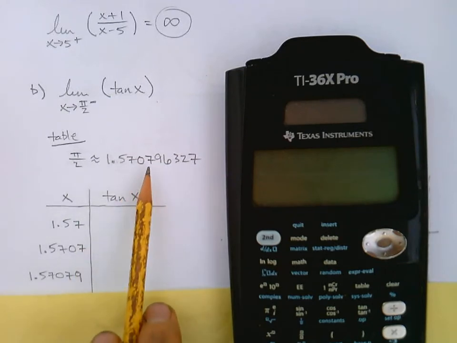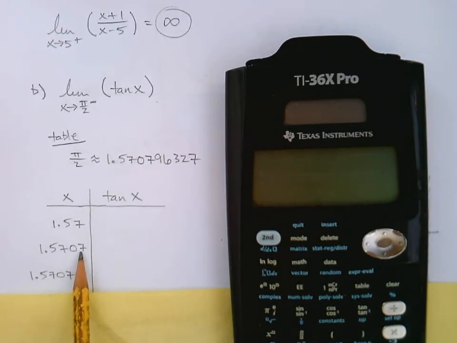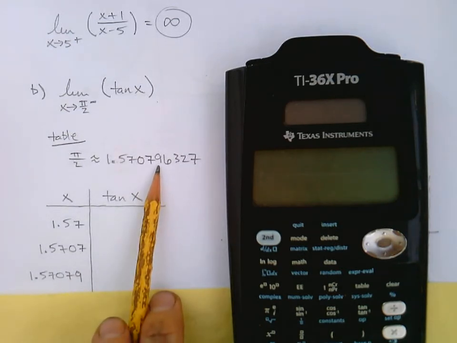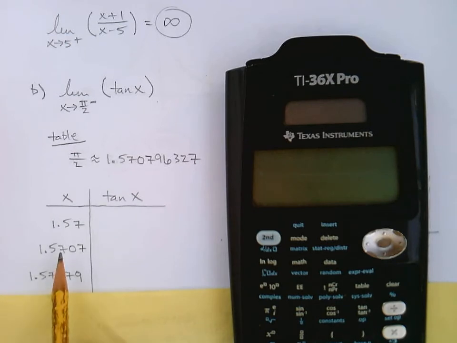Then I'll add a couple more decimal digits on there. So I'm approaching that value. And since it was a 0, I had to add on the 7 as well. And then to get a third one so I can see it in motion, I added the next decimal digit, 9. And so I'm smaller than pi over 2, but I'm approaching that value. And I think that will give me enough information.